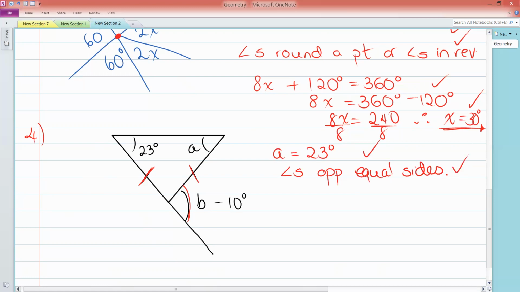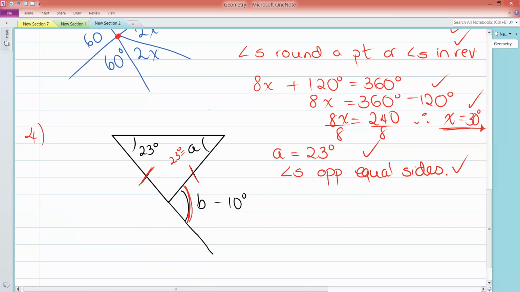Now, since we've just worked out that this A here is also equal to 23, how would we work out this angle here? Remember earlier we said that the exterior angle of a triangle is equal to the two opposite interior angles.